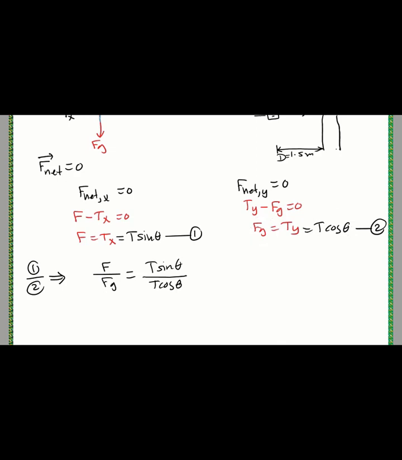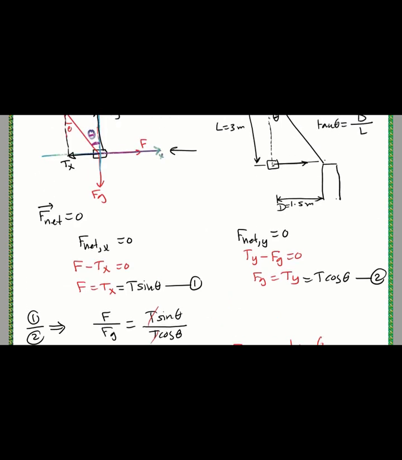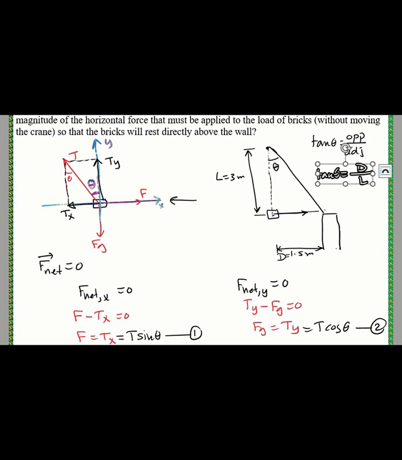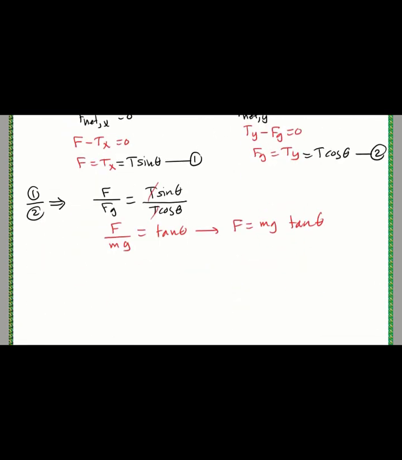Now you can cancel T with T and change sine theta over cosine theta with tan theta. F is unknown, Fg is m times g, then F equals mg tan theta. But as we mentioned before, tan theta is d over L. So F equals mg times d over L.